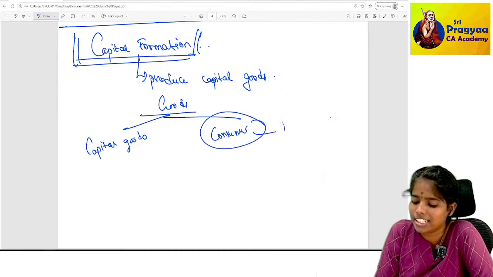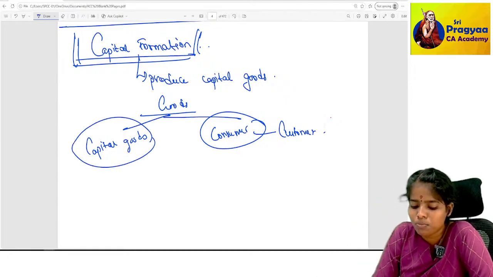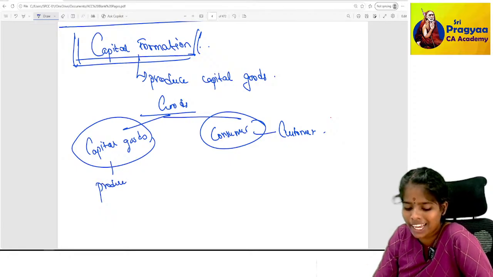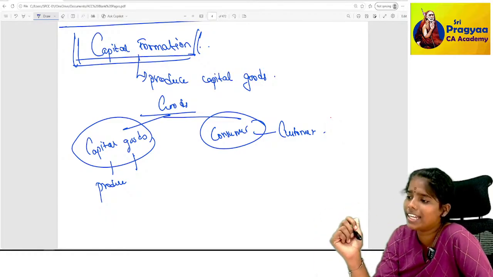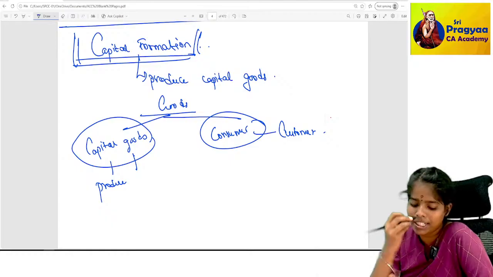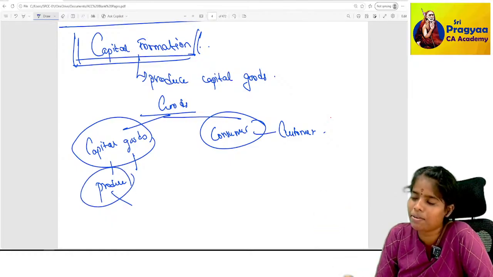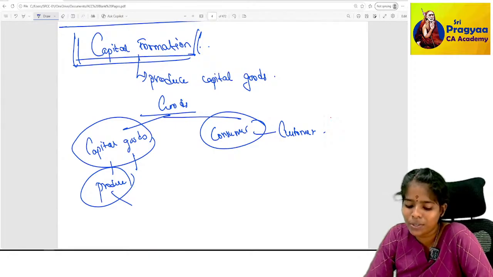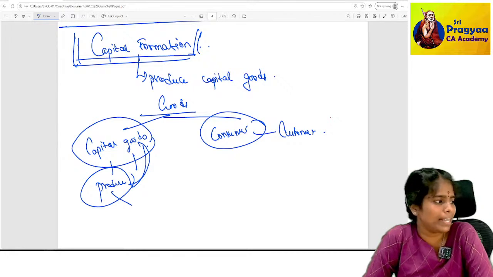The customer purchases it. The immediate customer, he consumes it. Capital goods means it is used to produce more goods. In the goods, இன்னொரு good produce பண்ணலாம். For example, iron rods. One company will be producing iron rods, that will be transported to one more company. They are going to use those iron rods for some other purpose. So here one good is used to create another good. So this is called as a capital good.